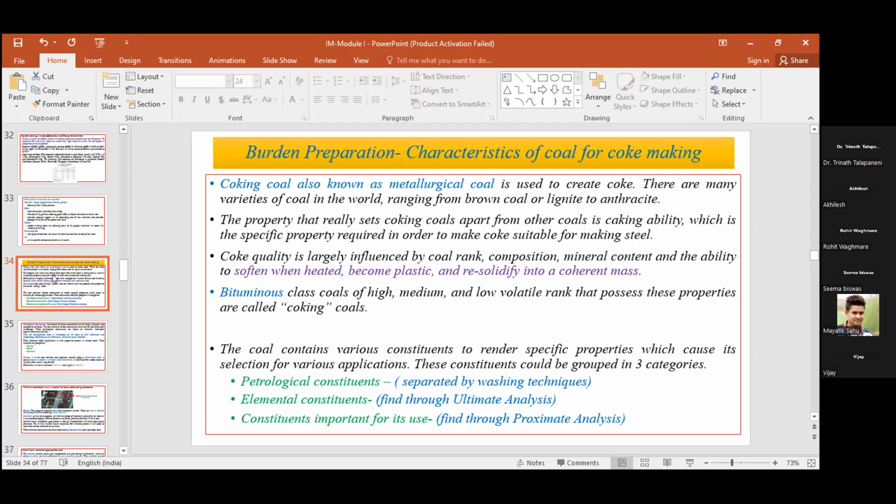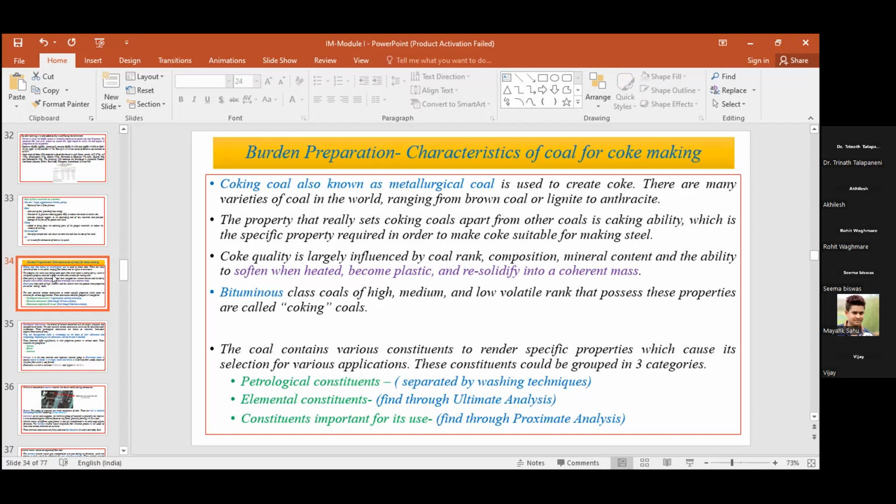Coking coals, also known as metallurgical coals, are used to produce coke. The particular property, as I said, that differentiates coking coals from other coals is that these coking coals have the ability to undergo softening when heated, become plastic and resolidify into a coherent mass.